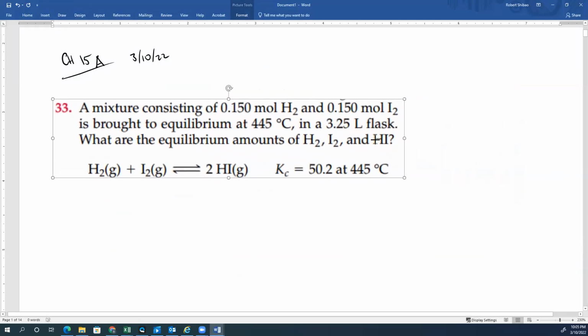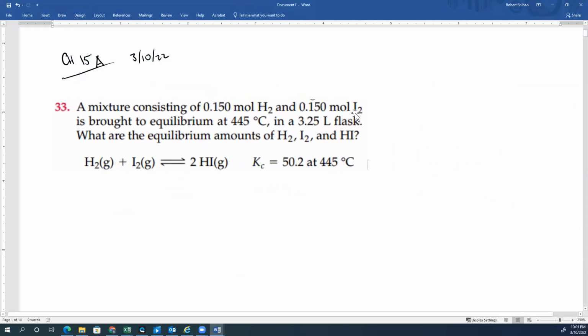A mixture consisting of 0.150 moles of hydrogen and 0.150 moles of iodine is brought to equilibrium at 445 degrees C in a 3.25 liter flask. What are the equilibrium amounts? Here they're asking for equilibrium amounts, not the equilibrium moles.